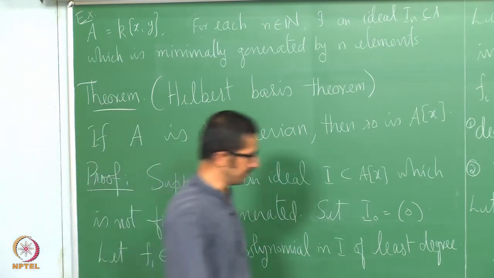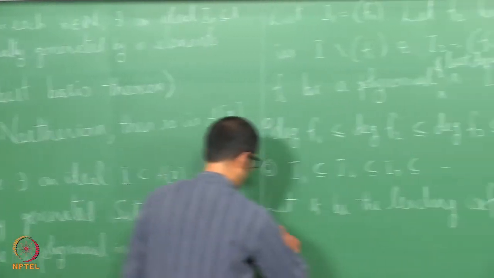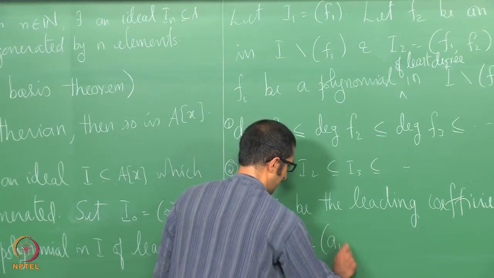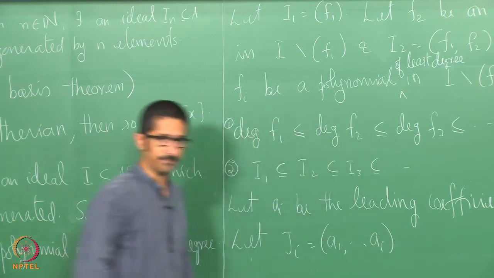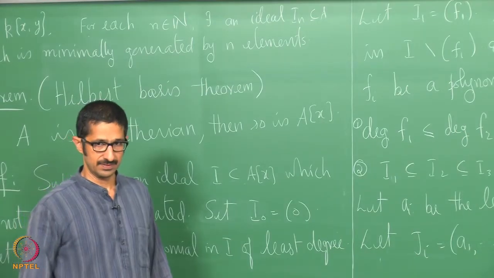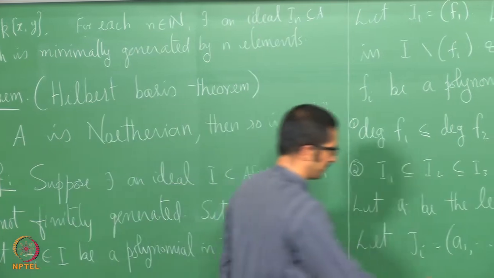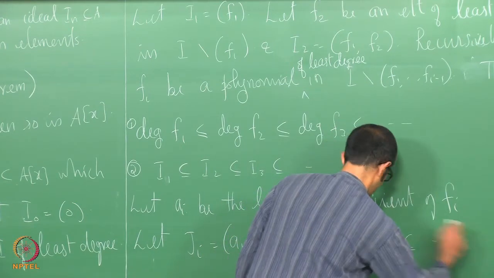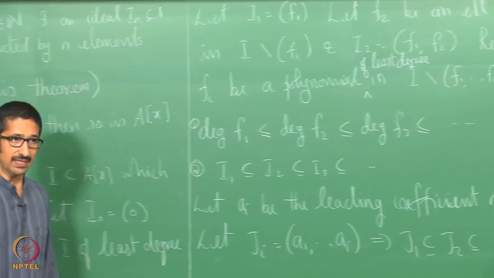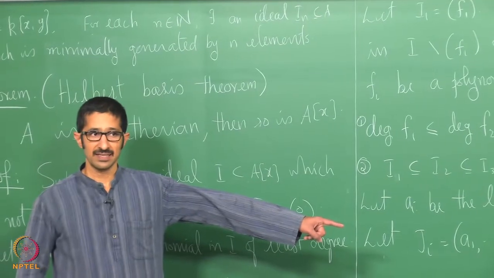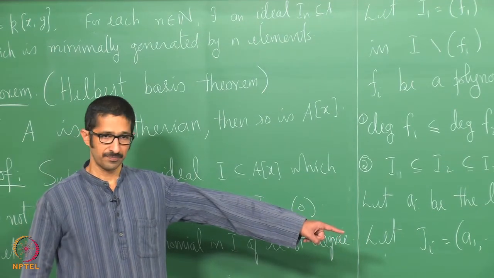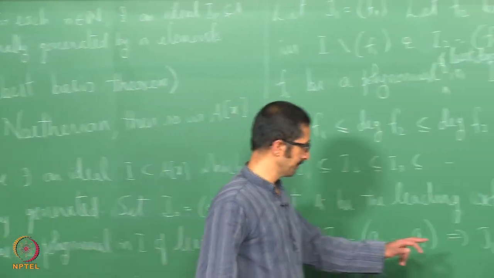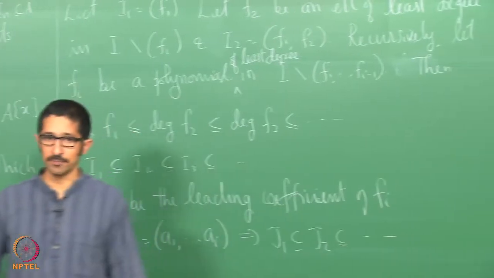Consider J_i, the ideal generated by a_1 up to a_i. Then again, of course, you have J_1 contained in J_2 and so on. This chain is happening in A, and A is Noetherian, which means this terminates at some point.